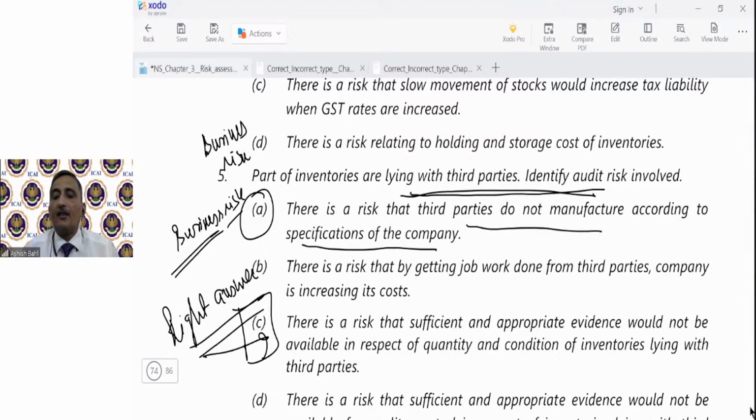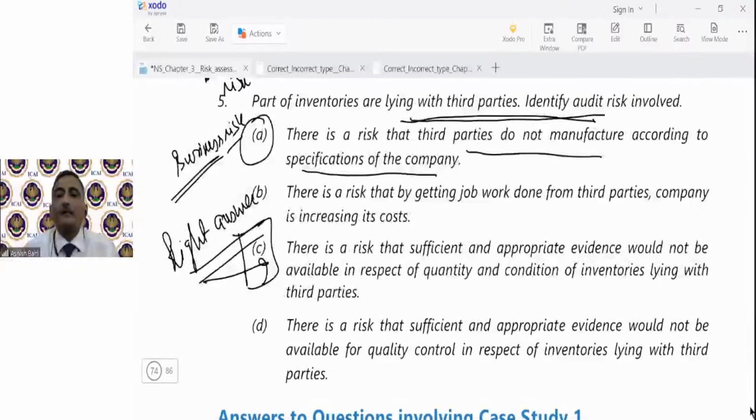Yes, Manohar Yadav, you are asking why not D? There is a risk that sufficient appropriate evidence would not be available for quality control.